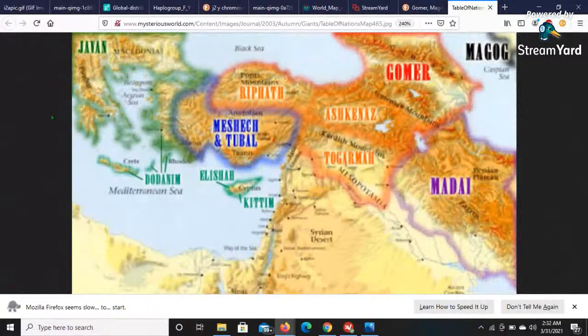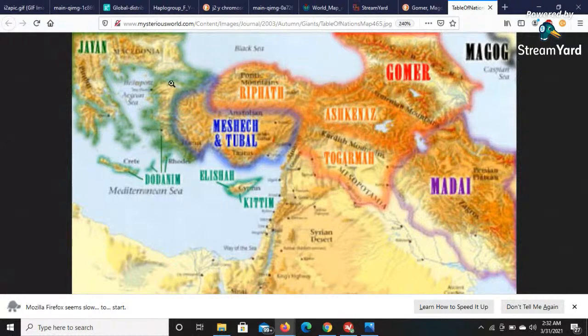So originally Greece is Javan, Turkey is Meshech, Tubal. These are like Semitic. Gomer, Magog, and such.